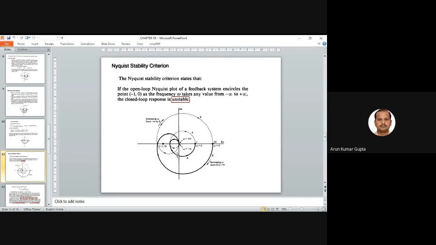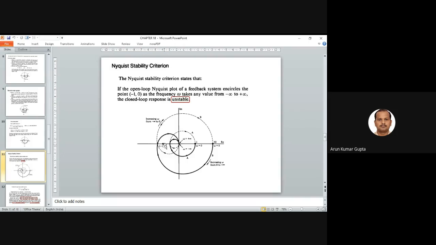If you make a Nyquist plot, and if it encircles, means if this point minus 1, 0 comes under your curve, or you can say your graph is surrounding this minus 1, 0, it means your system is unstable.